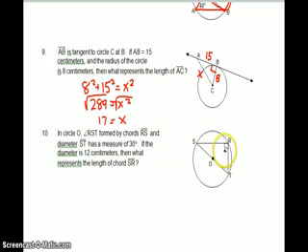Okay, so the diameter is 12, so from here to here is 12. That's 90 degrees there. We want to know what the length of SR is right here.